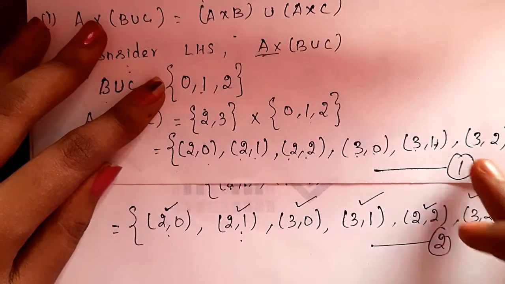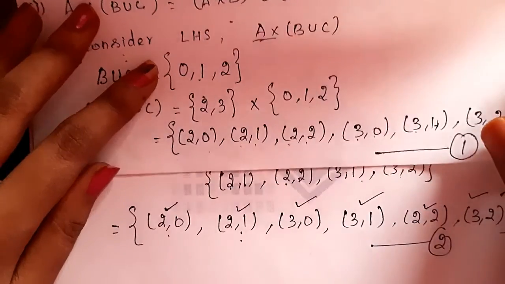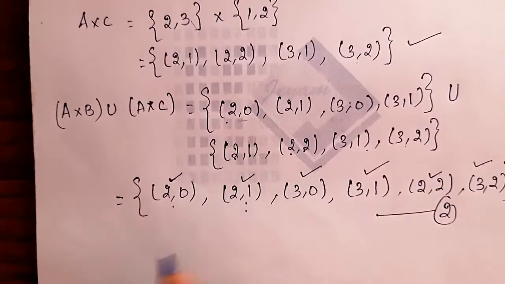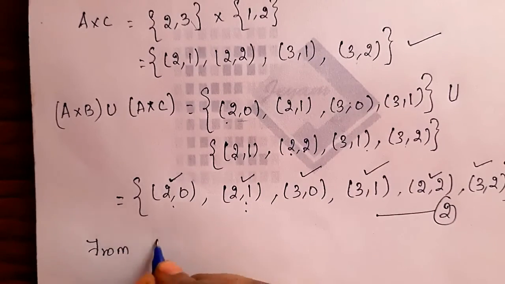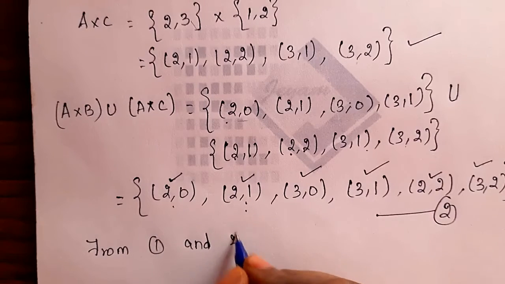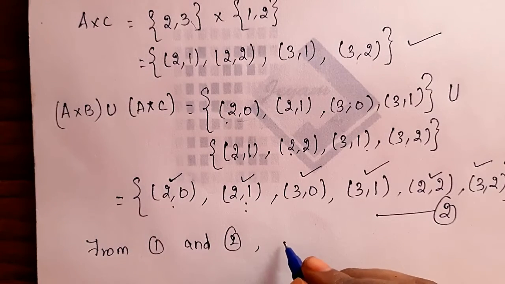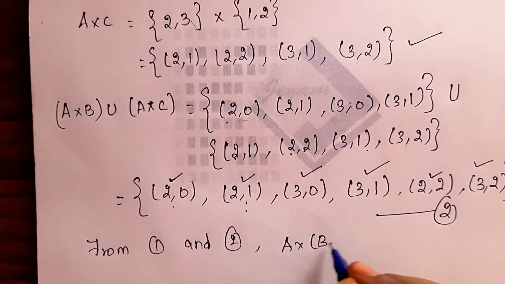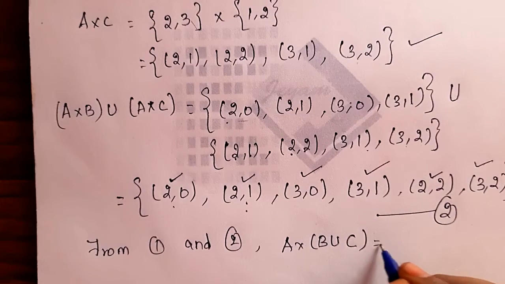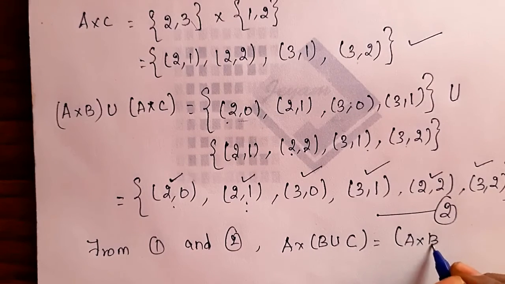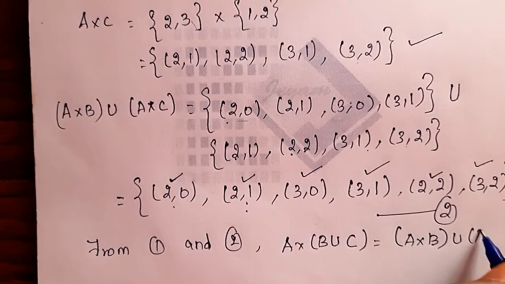So when we compare this 1 and 2, we can conclude that A cross (B union C) is equal to (A cross B) union (A cross C). This we verified.